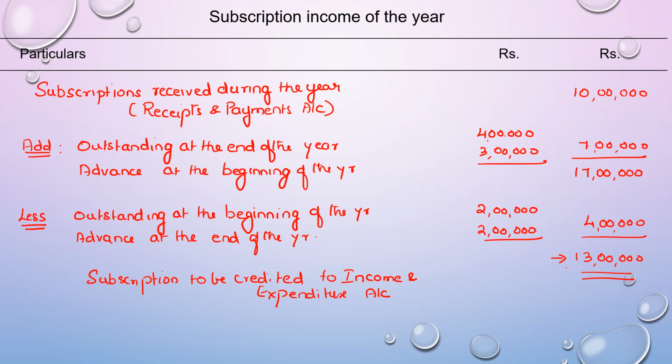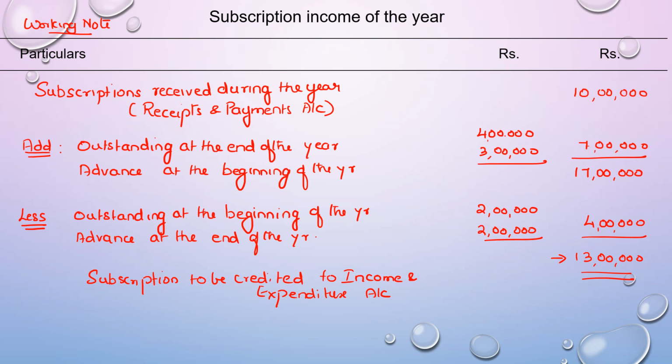This is as per the statement format. You can prepare this as a working note for the question, and in the income and expenditure account you can write subscription with reference to the working note number, and give it as a working note. That will make your presentation of income and expenditure account very nice.